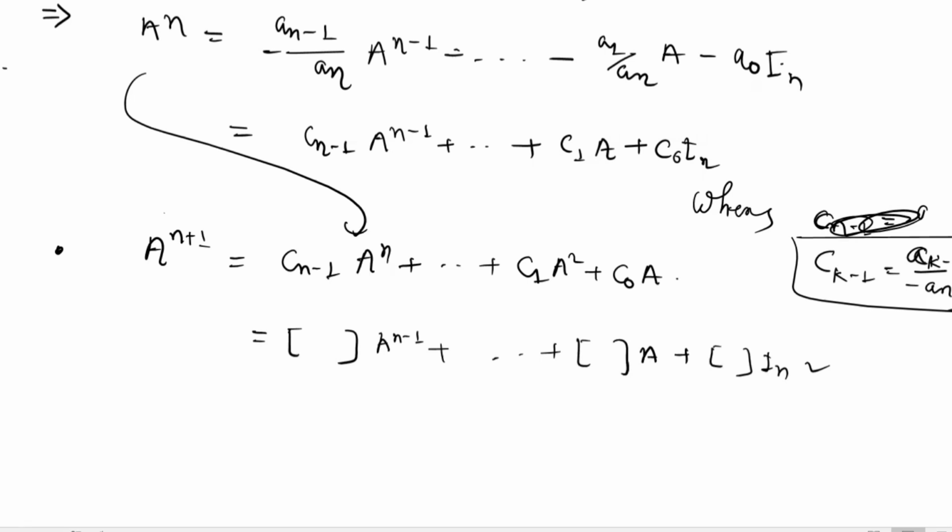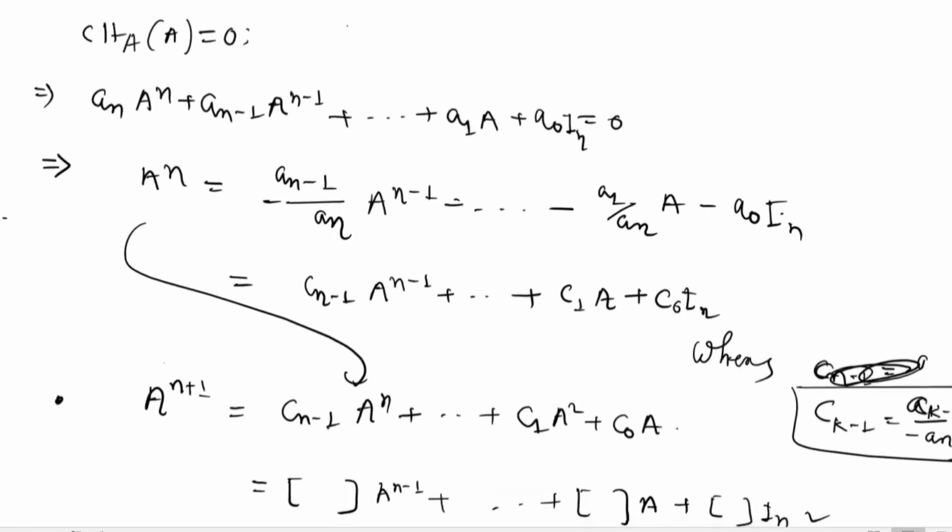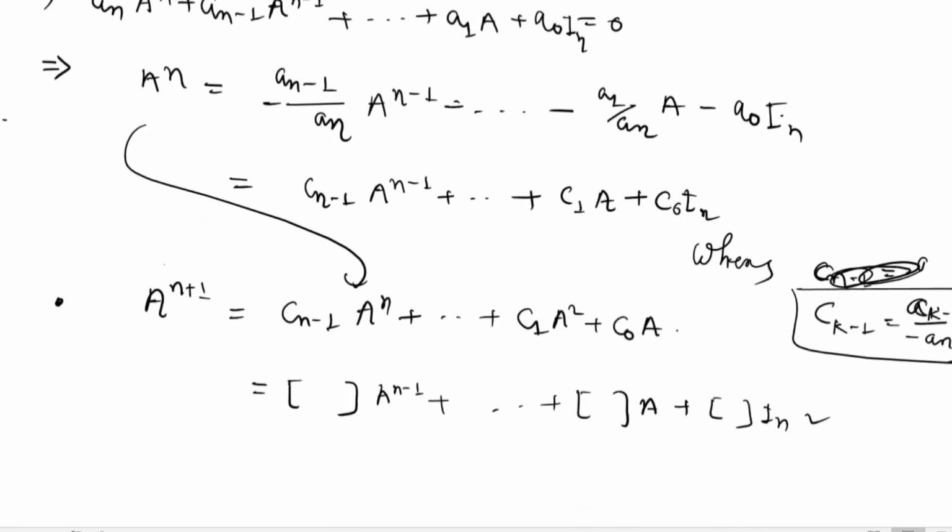We can write every element of W as a linear combination of I, A, ..., A to the power n minus 1 by this similar process.